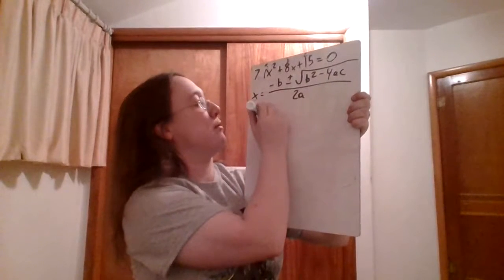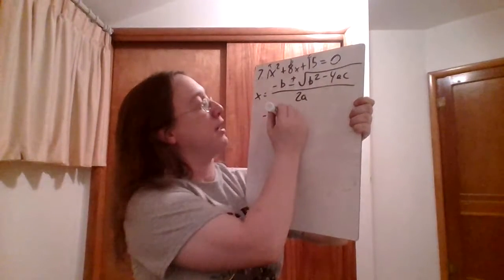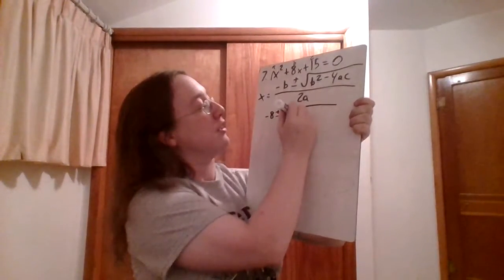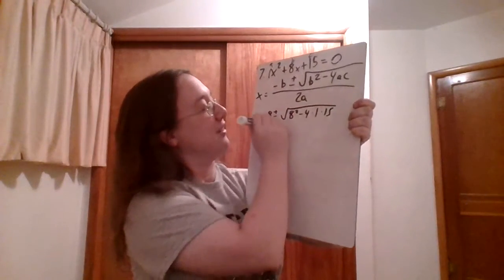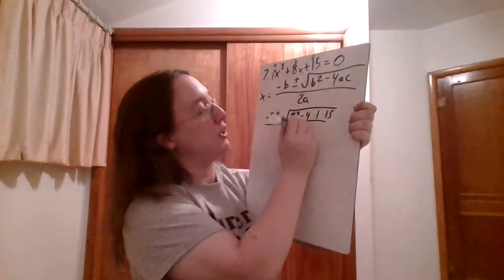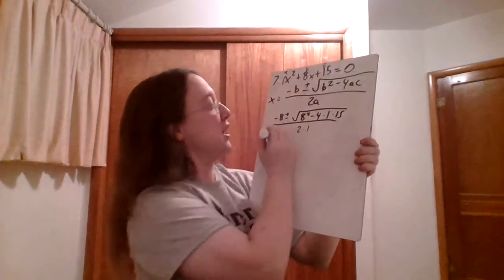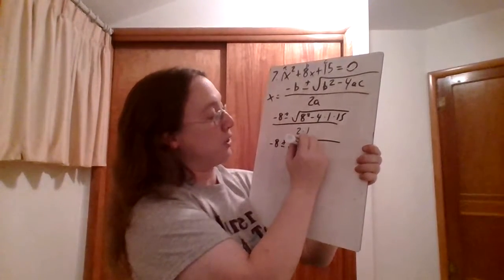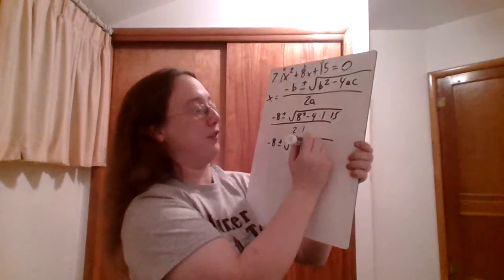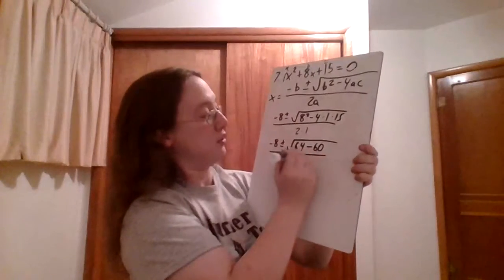So we got opposite b plus or minus square root 8 squared minus 4 times 1 times 15 all over 2 times 1. Alright, so we got negative 8 plus or minus 8 squared is 64. 4 times 1 times 15 is 60. 2 times 1 is 2.